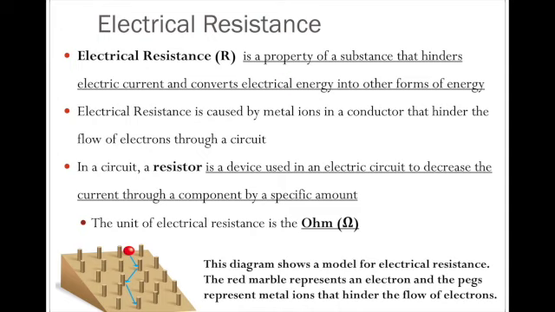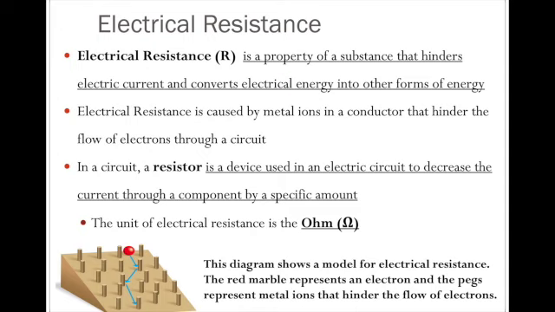It's caused by metal ions in a conductor that hinder the flow of electrons through the circuit. Remember that these are physical things, so electrons are moving between copper atoms. There are other electrons, and lots of situations in there that might hinder or slow down how fast they can move through. So basically resistance is kind of slowing down current, more or less.